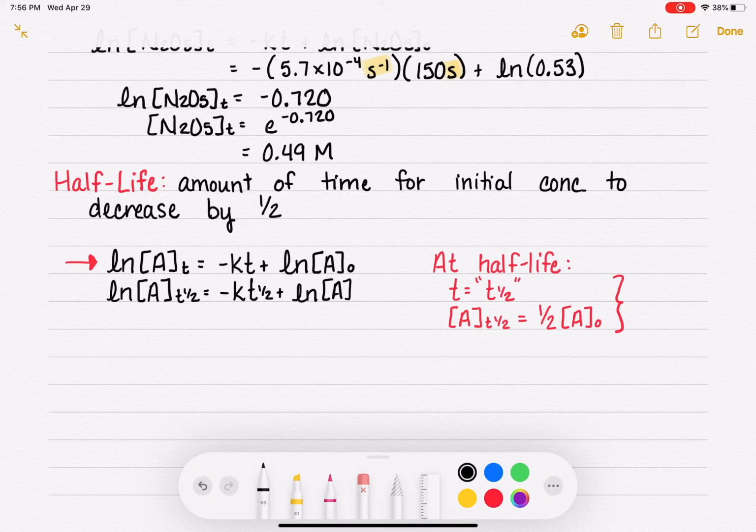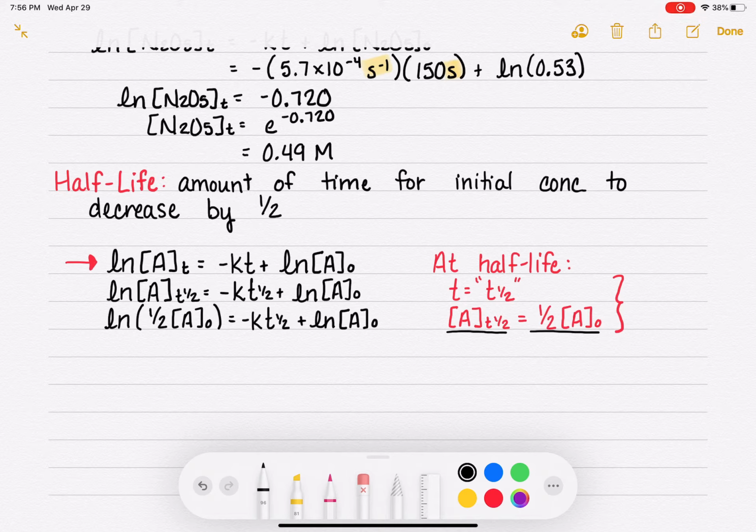So we're just getting this set up in terms of thinking about half-life. Now what we're going to do is use this equality right here. We're going to say the natural log of 1/2 of our initial concentration of A, so that's our A at the half-life, is equal to negative k t1/2 plus the natural log of A at time 0.